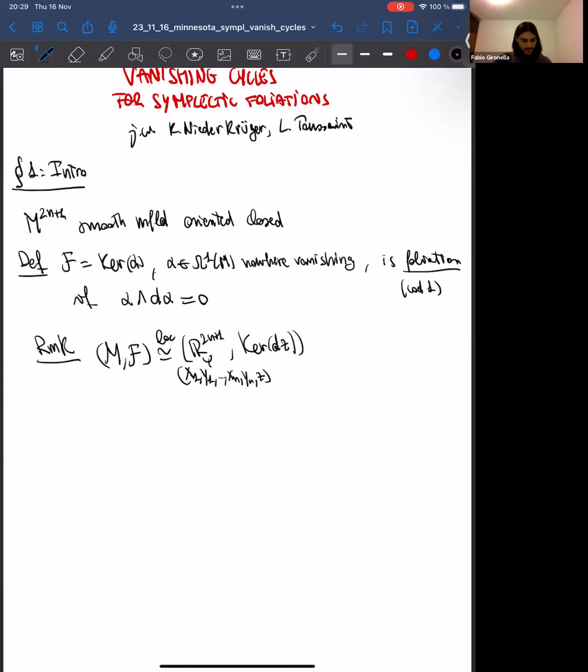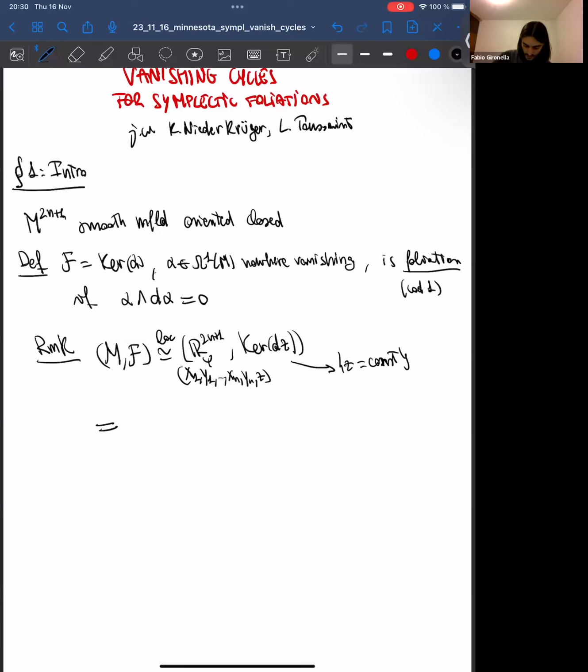Essentially, this tells you that the tangent bundle to this distribution is given by the partition of R^{2n+1} into the manifolds z equals constant, which are always tangent to this foliation.